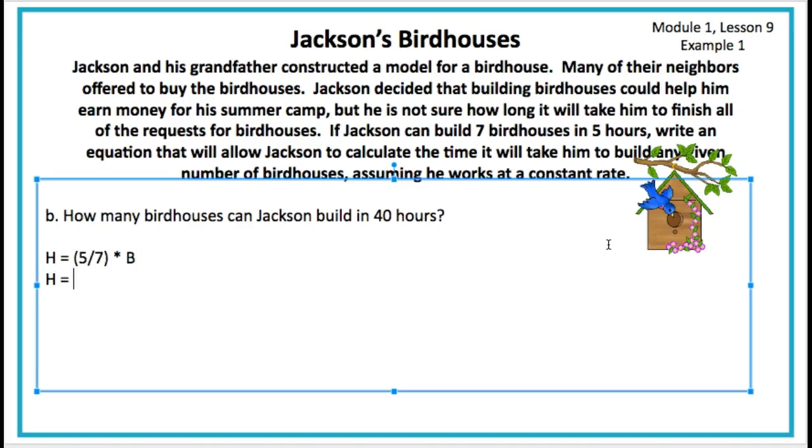If h equals 40 hours, we'll substitute that for h. So 40 equals 5/7 times b.